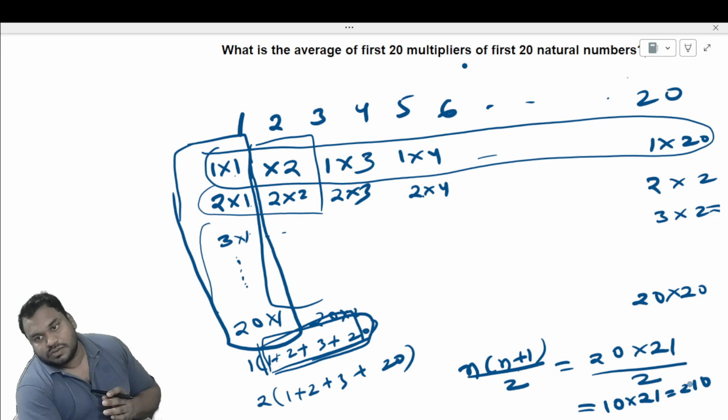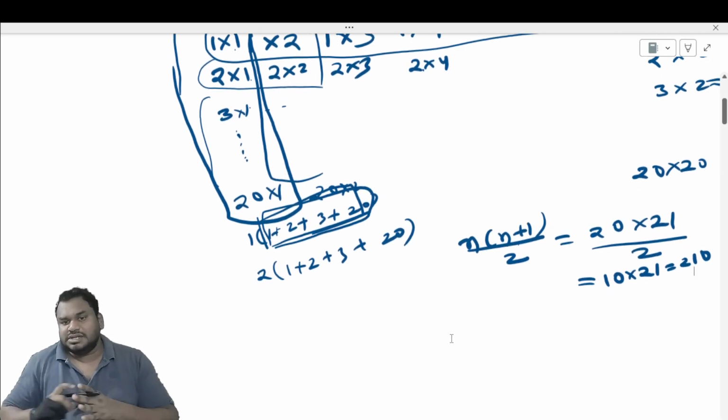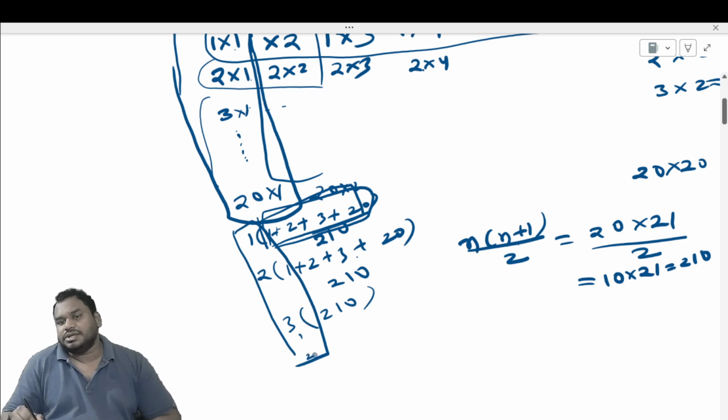Okay. Now, is it only one series we have? For 2 also there is one. So for 2 if I calculate, you got 210, and here also you will get 210, and for 3 also you will get 210, like that you will get. So again you need to add these things by taking 210 common till 20.